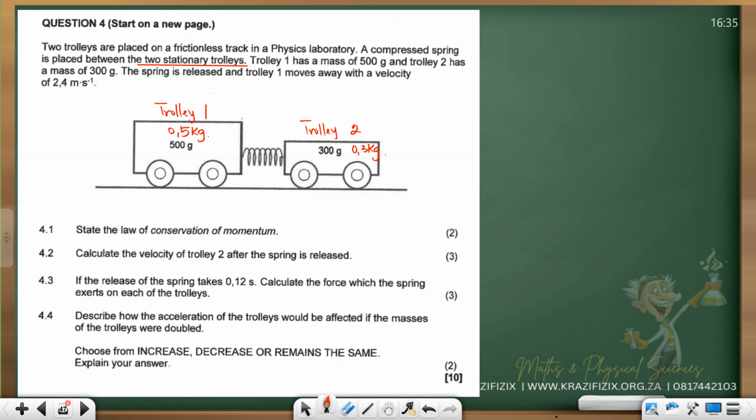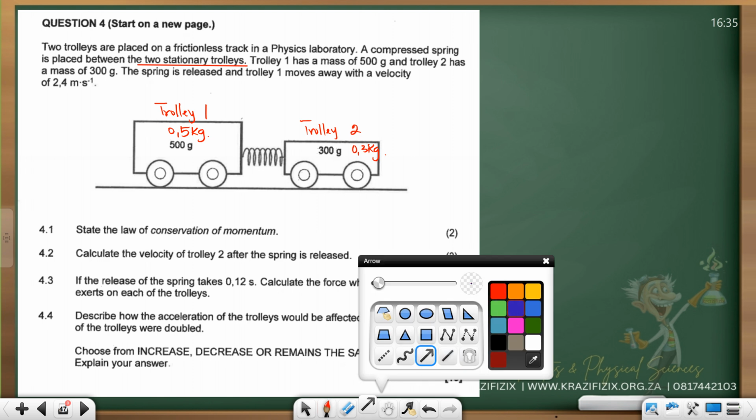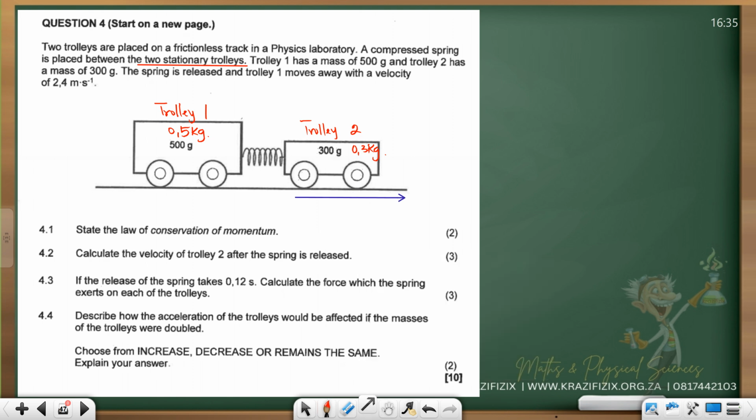The spring is released and trolley 1 moves away with a velocity of 2.4. So I'm just going to write this. Trolley 1, definitely it's going to move in that direction. All right, so we have all our information. Please work with me on this.